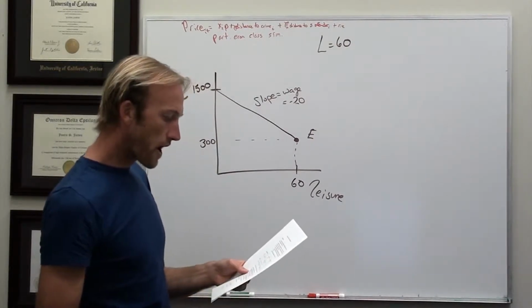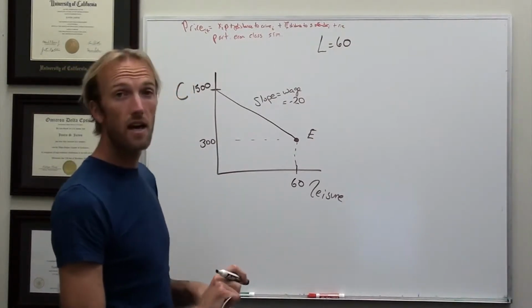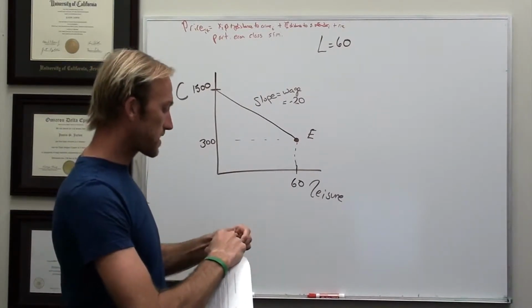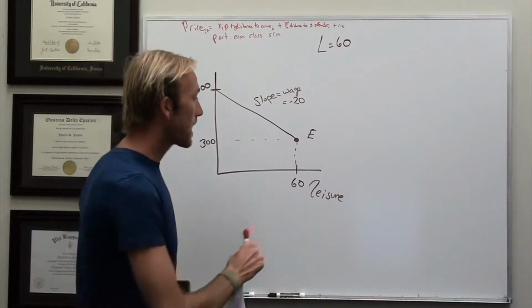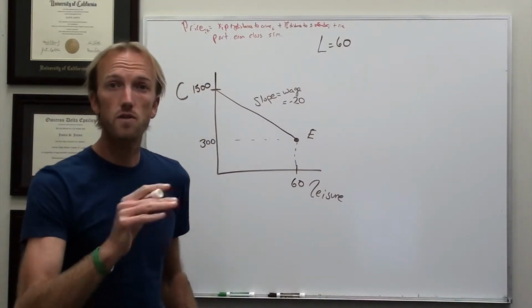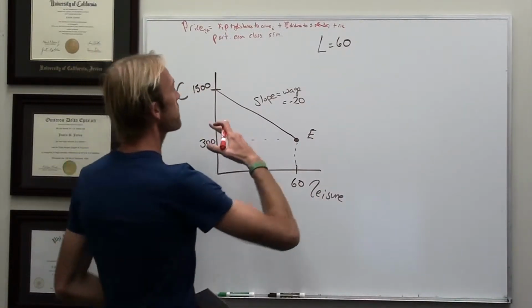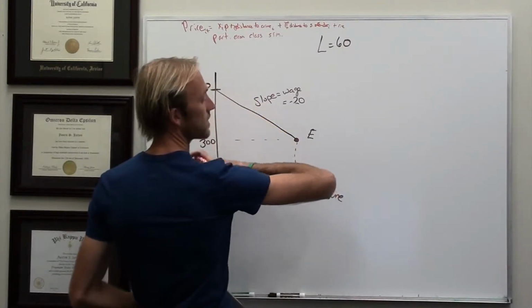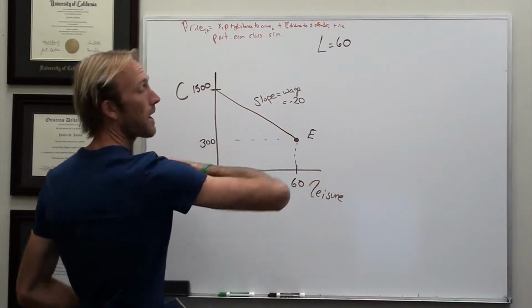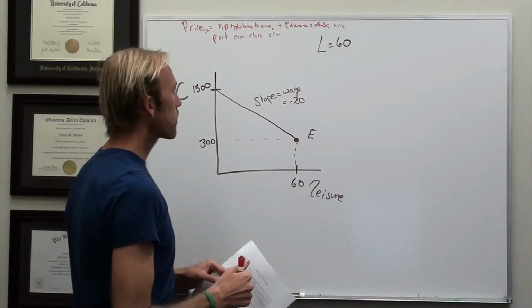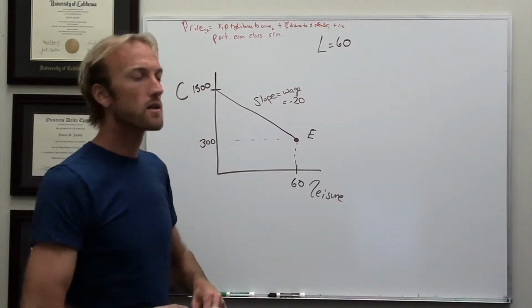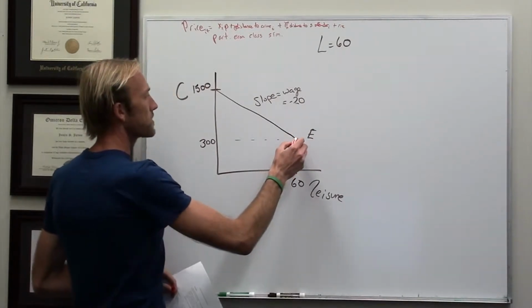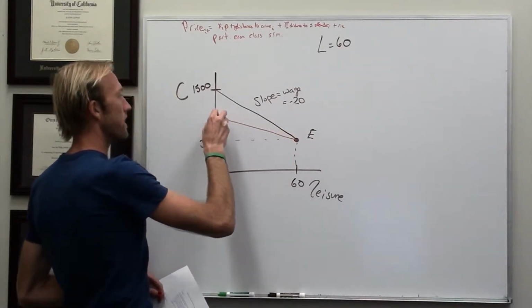Next, how does your graph change when your wage falls to $10? Well, so this is actually not too bad. We know when the wage falls, the opportunity cost of leisure goes down. So we know we must have a slope that gets closer to 0, because remember, flat would be a 0 slope. So it's going to rotate, and where does it rotate around? Well, it always rotates around the endowment point. So basically it would just look like this.